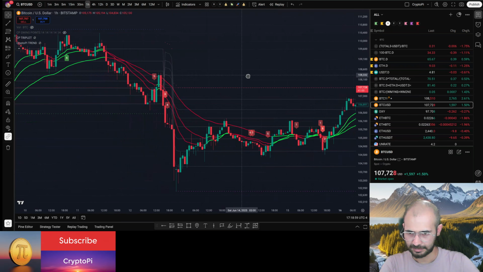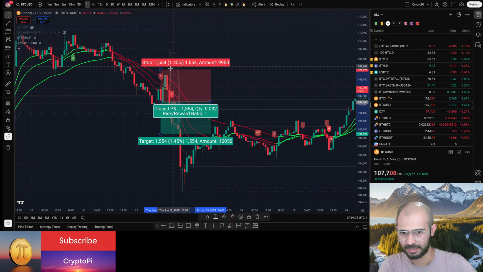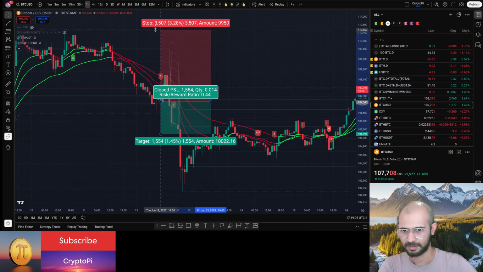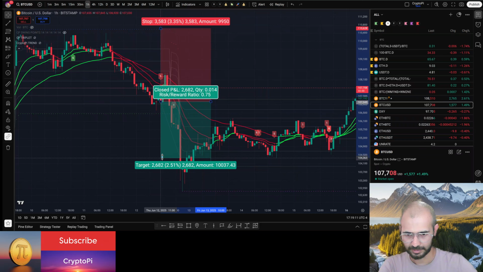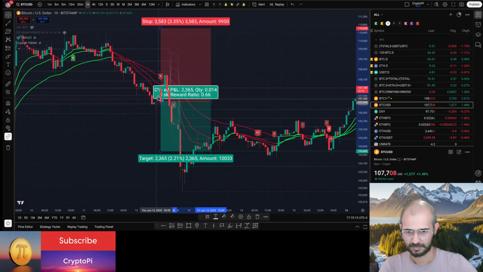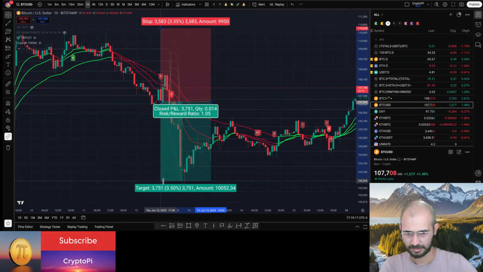And one thing I want to mention here: let's say my trade is taken here and I'm at 3.35%. Now my reward can be anywhere. My risk to reward can be either 1 to 1 or 1 to 5.